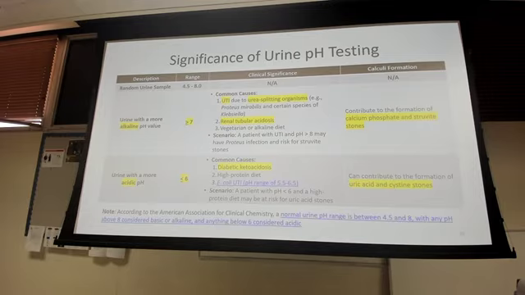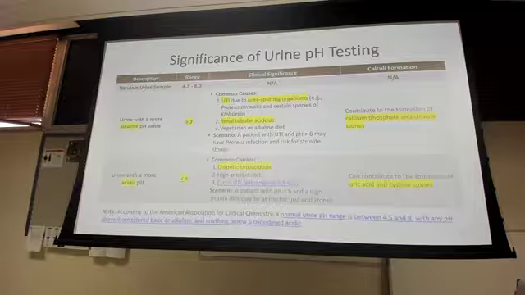Okay, so the significance of urine pH testing. Urines that have more of an alkaline pH value, so anything that's greater than or equal to 7, you're thinking what? What's that term again? UTIs, right? Renal tubular acidosis, all right? If you have urine with a more acidic pH, which is less than or equal to 6, you're looking at common causes like diabetic ketosis, high protein diet, and E. coli.